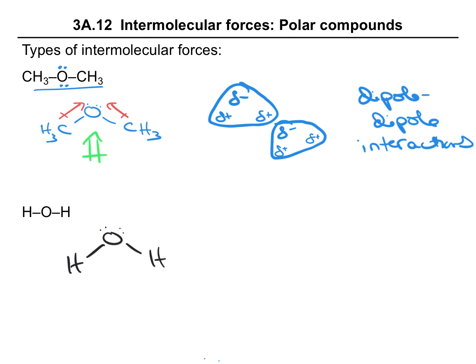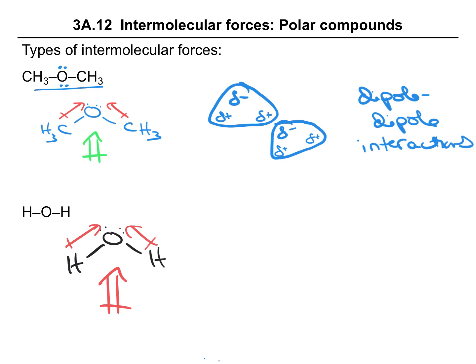Now, oxygen compared to hydrogen, we have a really big dipole. So a strong bond dipole, leading to a molecular dipole. But in the case of water, we have an especially strong dipole.